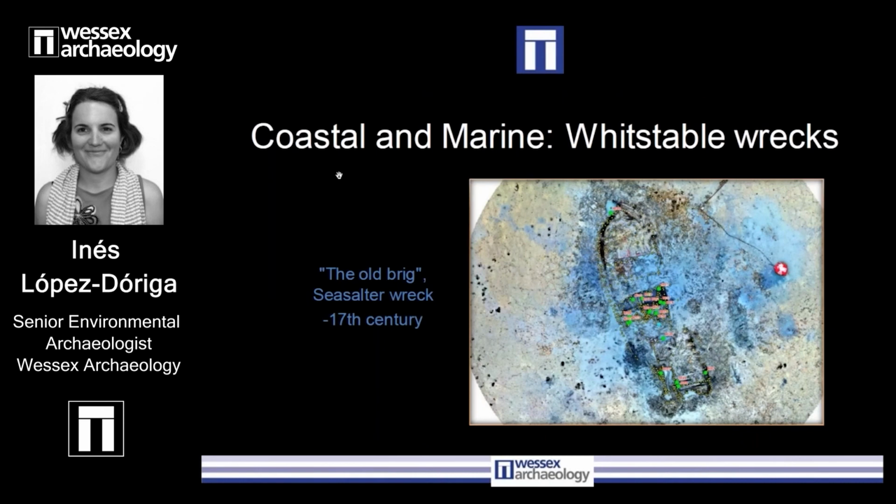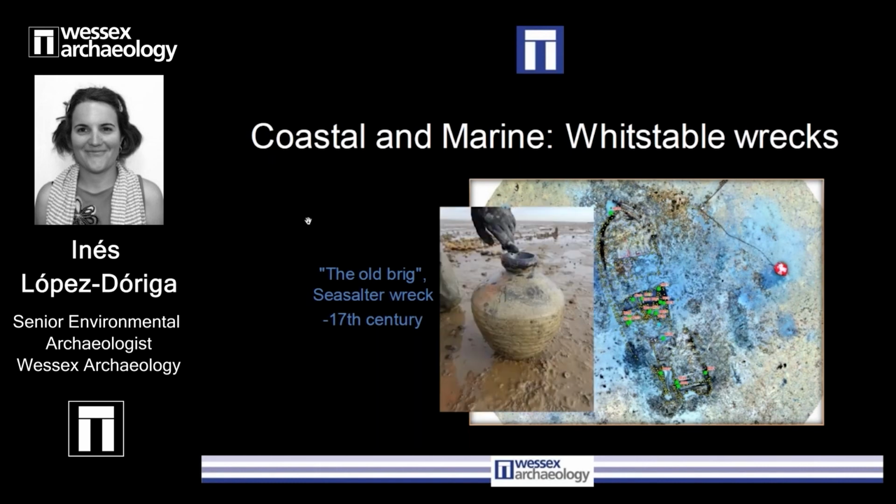The other wreck that we studied recently is the Old Brick in Seasalter, and it's one century later than Tankerton. We took several samples from it, and they all represent the depositional environment of when the ship was wrecked, which is not very exciting, but we also found plant remains inside this olive jar of Spanish origin.